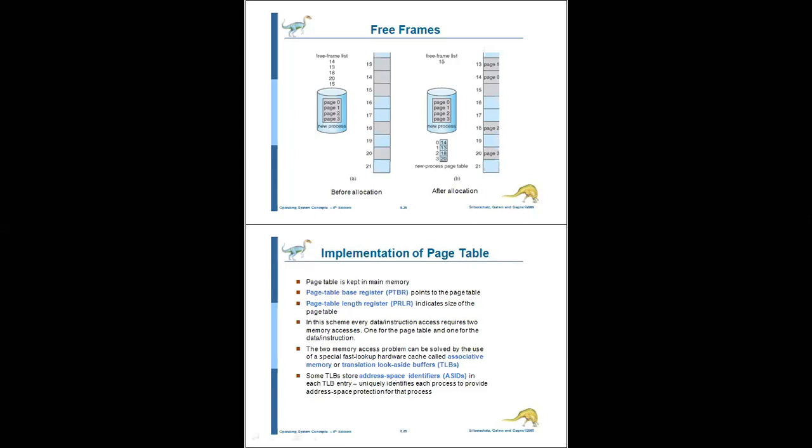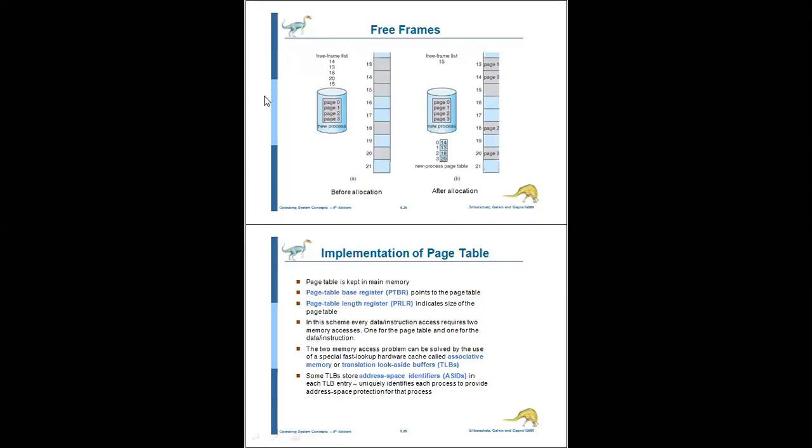So the first page of the process is loaded into one of the allocated frames, and the frame number is put into the page table for this process.